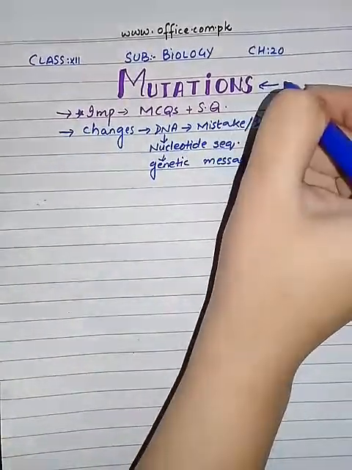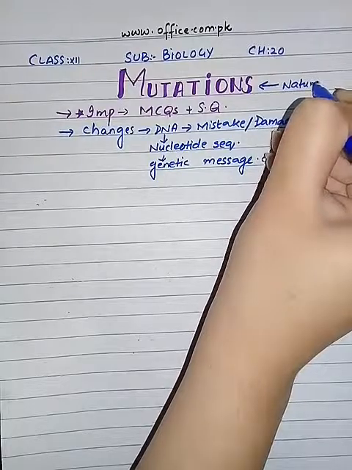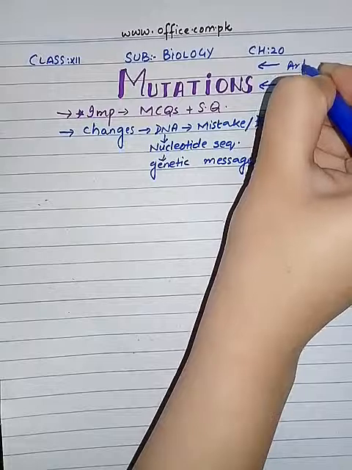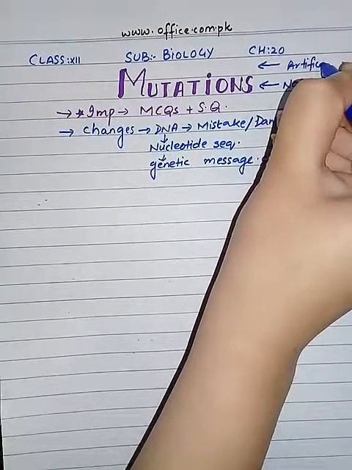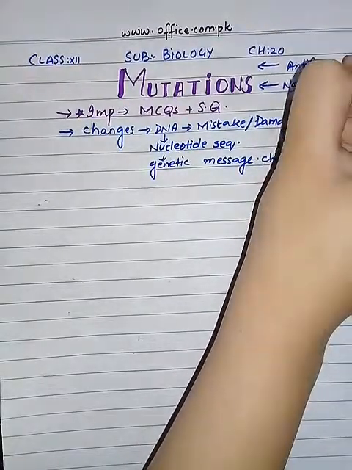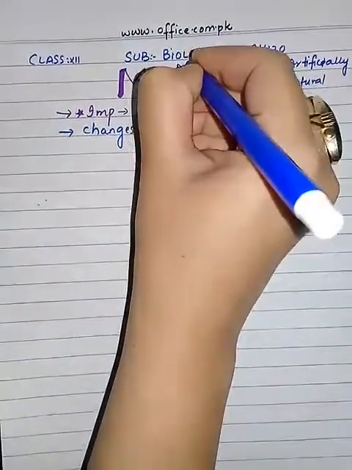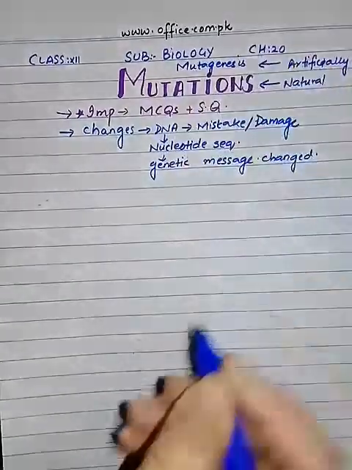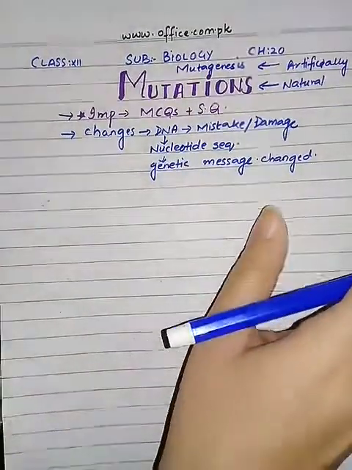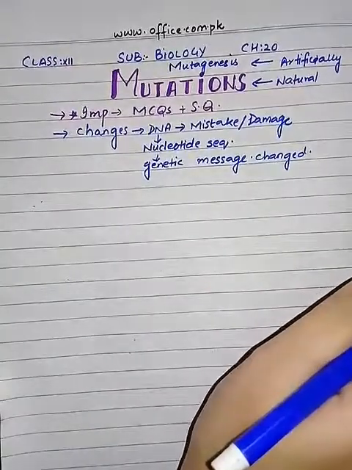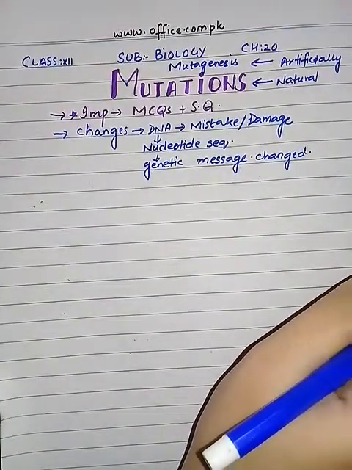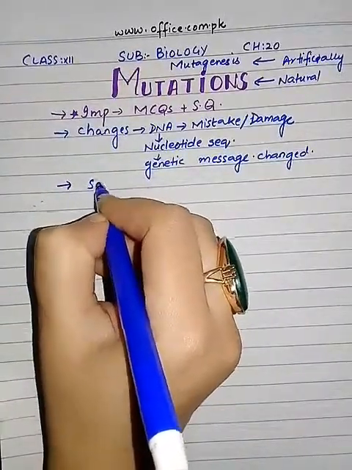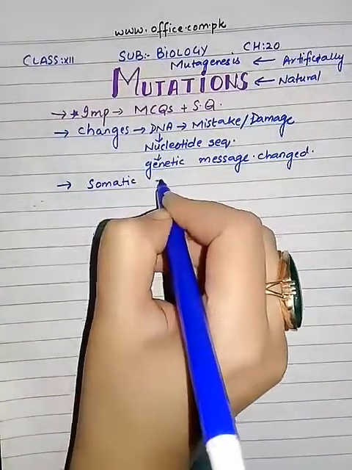So this will be known as mutation. Now, if the mutation is natural, it will be known as mutation. However, if you introduce it artificially, it will be known as mutagenesis. So any change in the nucleotide sequence in the DNA is known as mutation if it is occurring naturally.